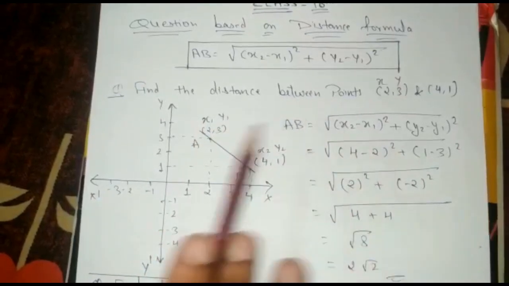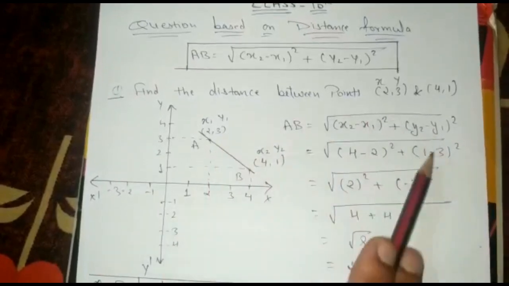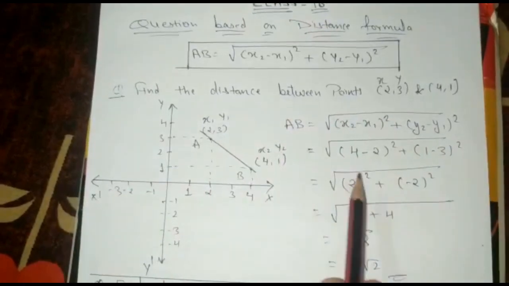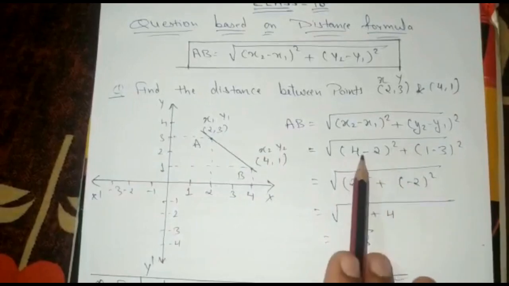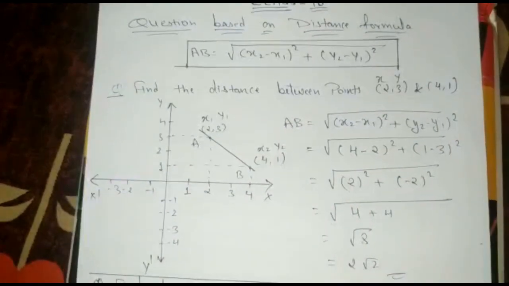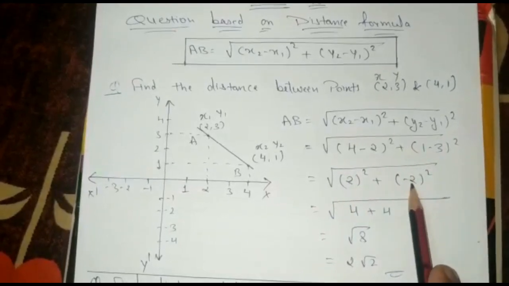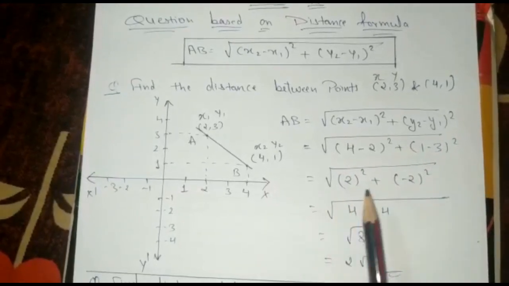So (4 minus 2) the whole squared plus (y2 minus y1), where y2 means 1 and y1 means 3, that is (1 minus 3) the whole squared. 4 minus 2 will be 2, and 2 squared; 1 minus 3 will be minus 2, squared.